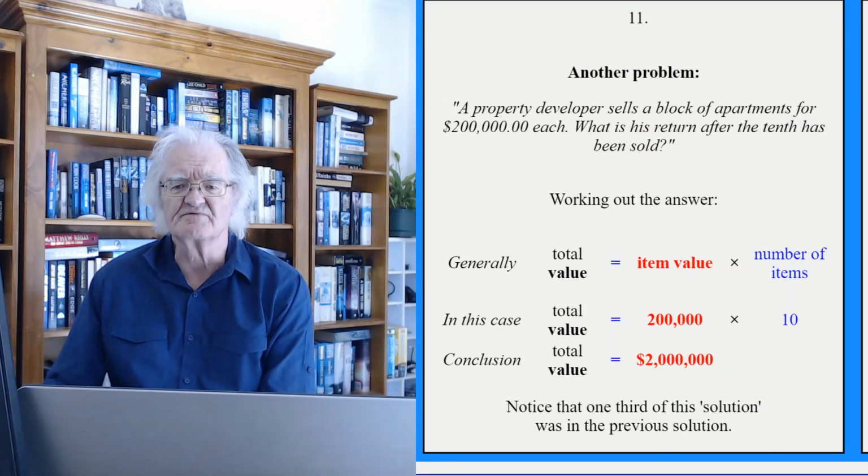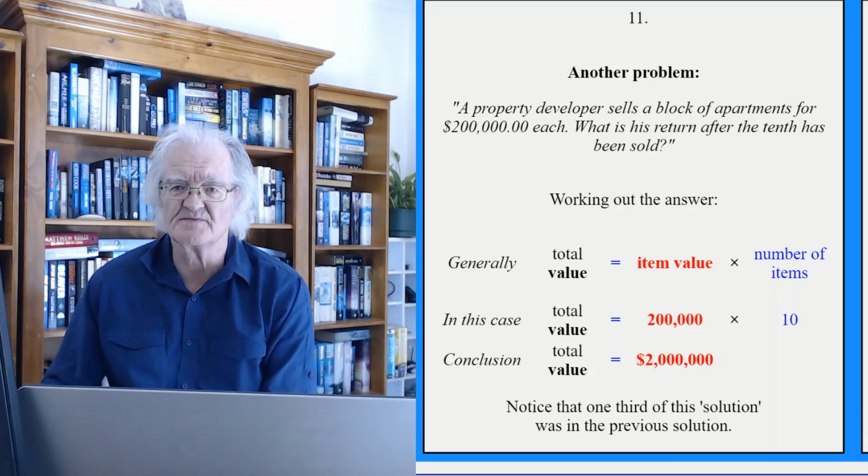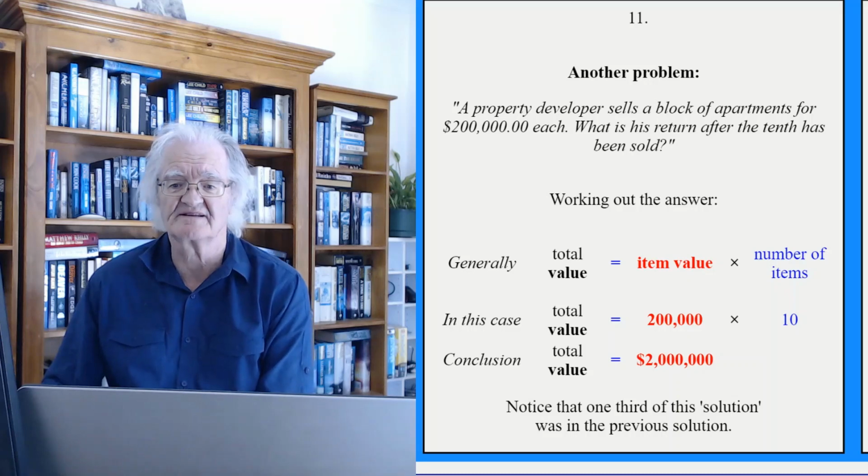Another related problem. A property developer sells a block of apartments for $200,000 each. What is his return after the 10th has been sold? To work out the answer, we use the same approach we had with the previous problem.